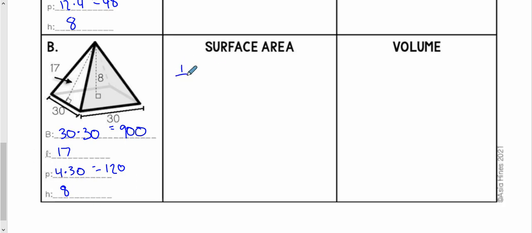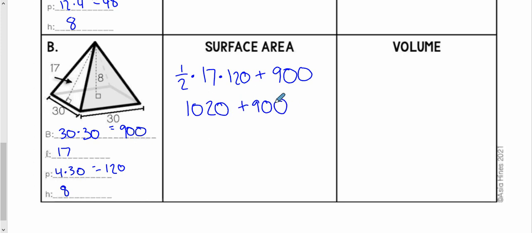Surface area is 1/2 the slant height times the perimeter plus the area of the base. So 1/2 times the slant height times the perimeter gives me 1020.